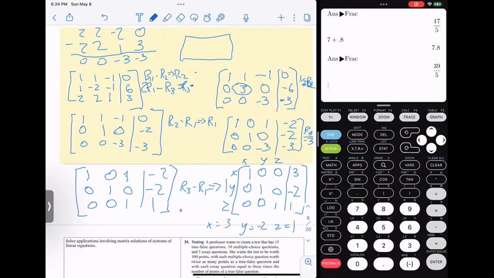It will be on your test, most likely, to know how to do one of these by hand. It does take a lot of work, as we just went through, but we can check our answers in the calculator. So if we wanted to check our answer, we would take our original augmented matrix.